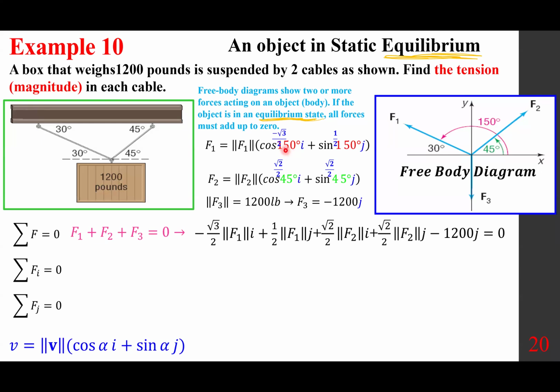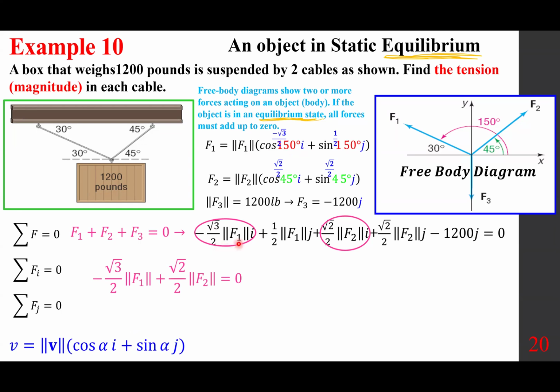This would be minus square root of 3 over 2 times magnitude F1 times i, plus 1/2 magnitude F1 times j, and the rest of them. So we just add them up. We also know the sum of the i components is 0, so anything involving i must be 0. So these two have i, and add up to 0.